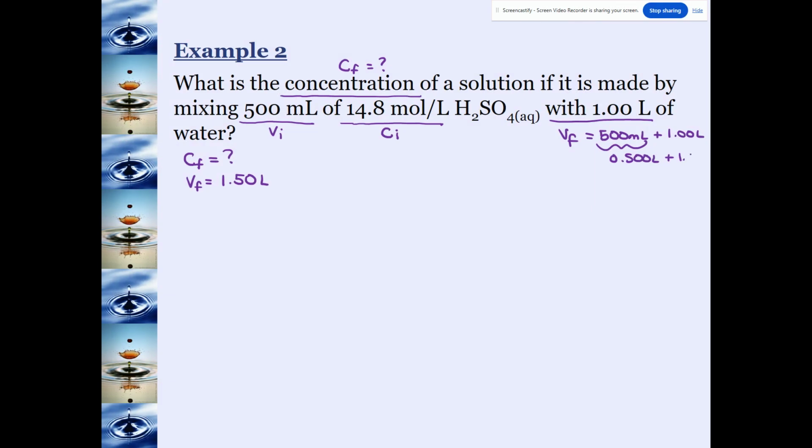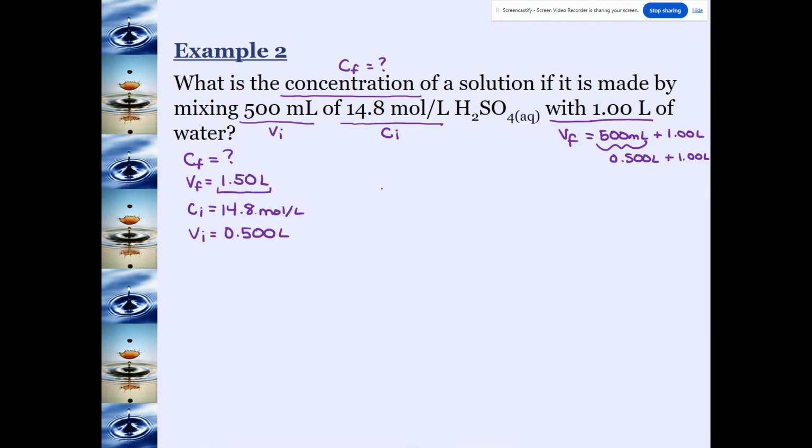So when I add that to my 1 liter, I get 1.5 liters for my final volume. So you have to read the question very carefully. This one says I'm mixing the volumes together. I'm adding them together. My Ci was 14.8. My Vi, again, because my Vf is in liters, I need to keep this one in liters as well. Or you could put them both in milliliters, as long as they're in the same units.